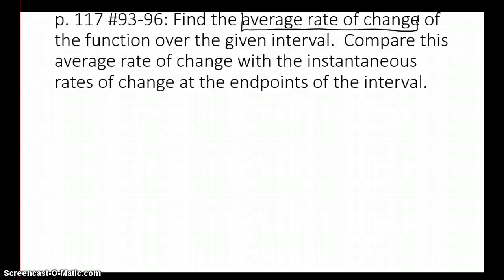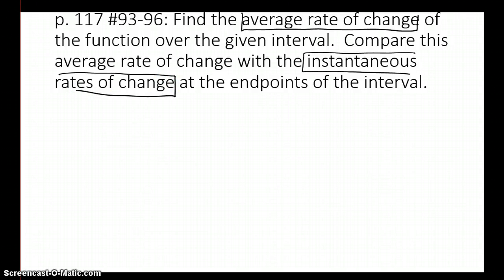Compare this average rate of change with the instantaneous rates of change at the endpoints of the interval. Okay, so what I left off saying: average rate of change, that's your slope of the secant line. Instantaneous rate of change, that would be your derivative.